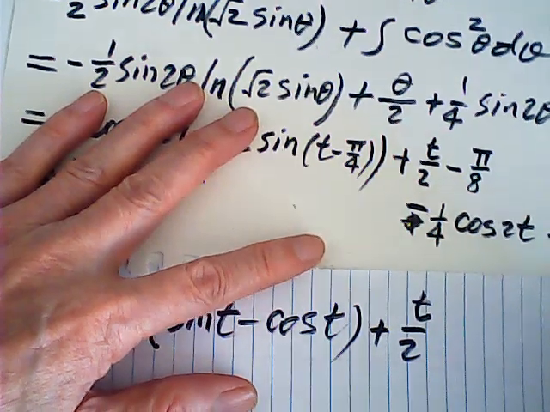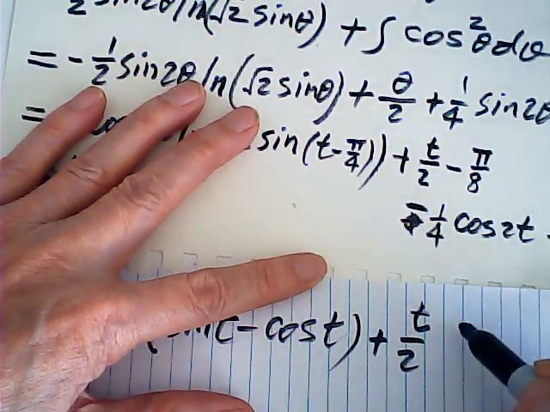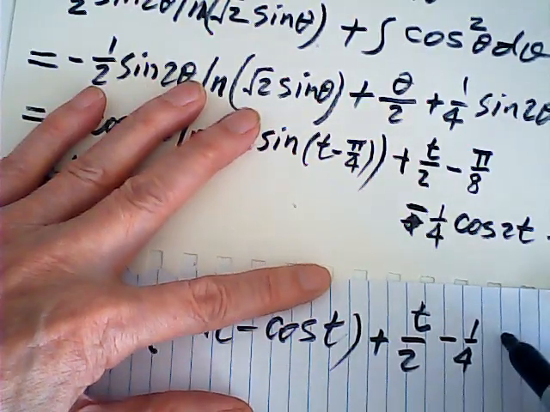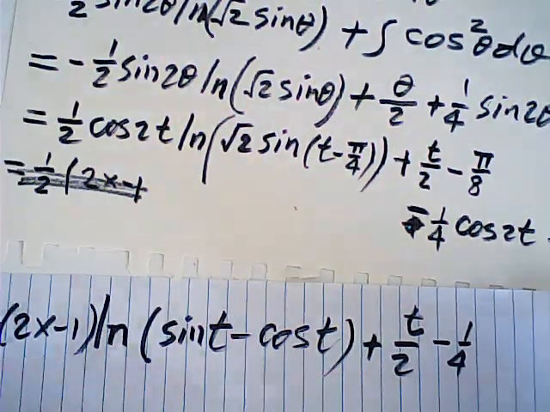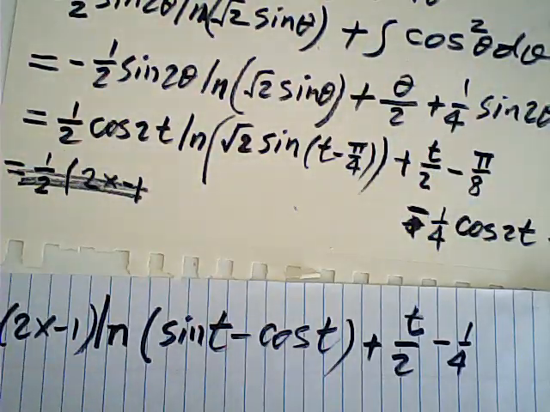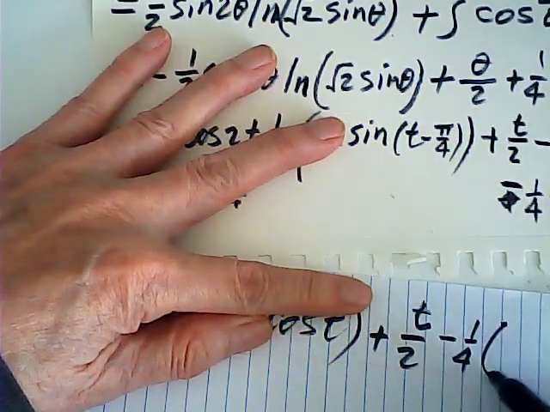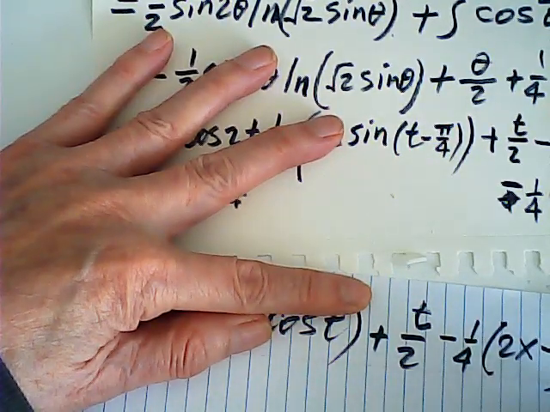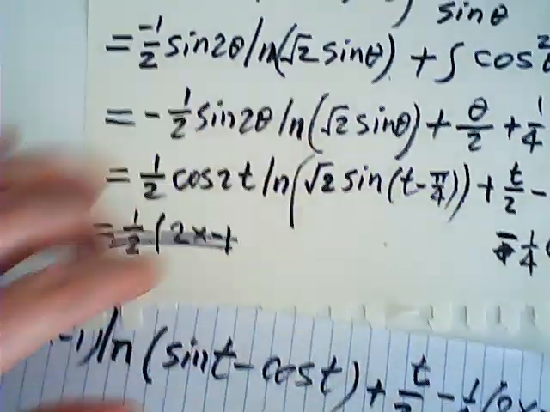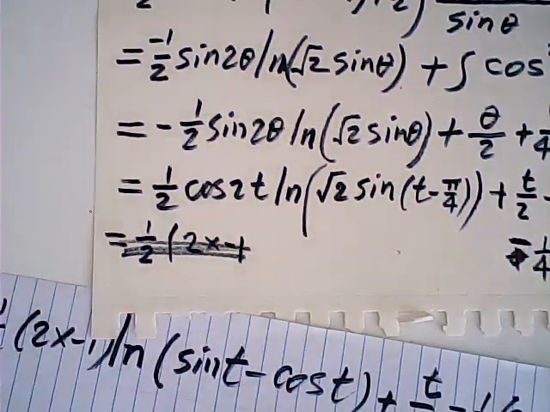This goes back to c combined. And minus 1/4 cosine 2t. Cosine 2t is equal to 2x minus 1, as we did before.